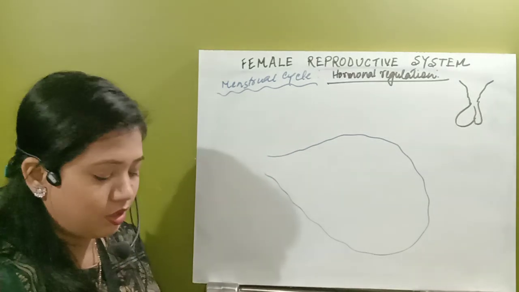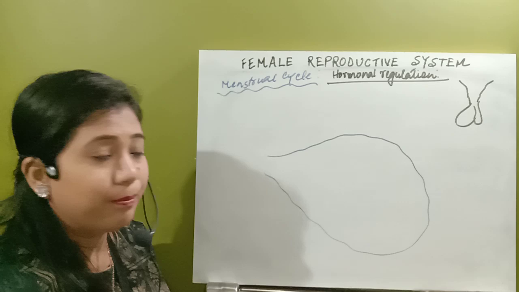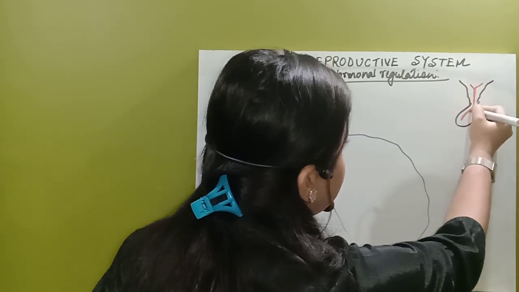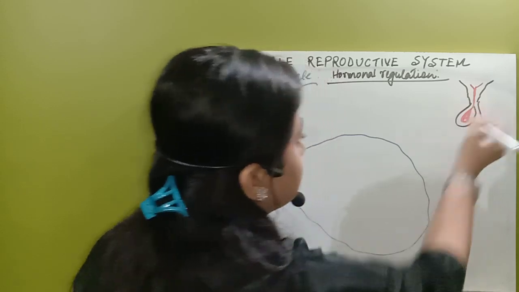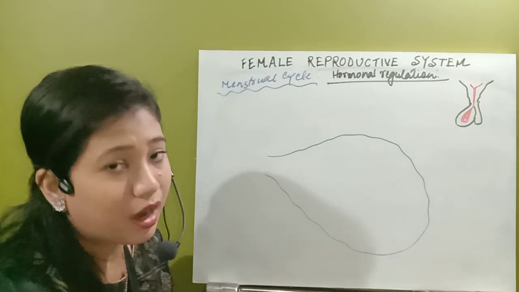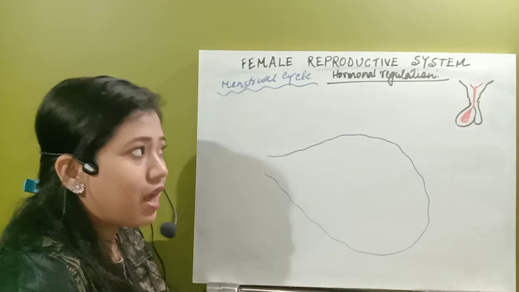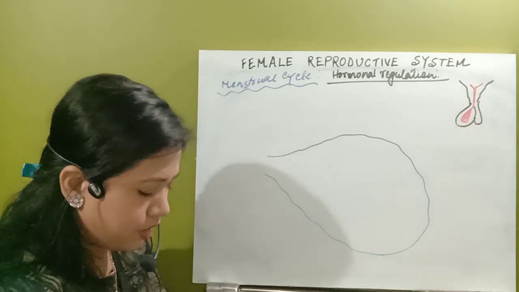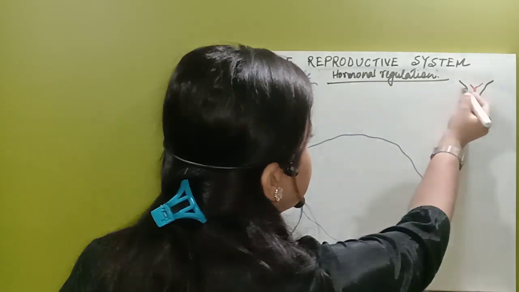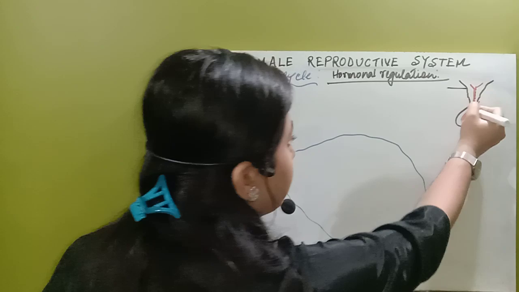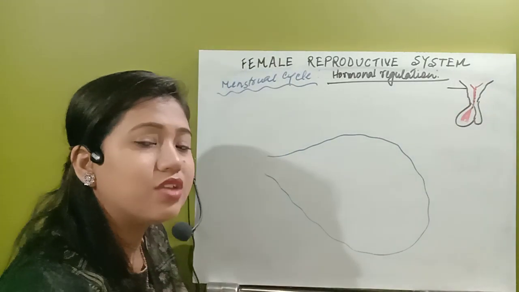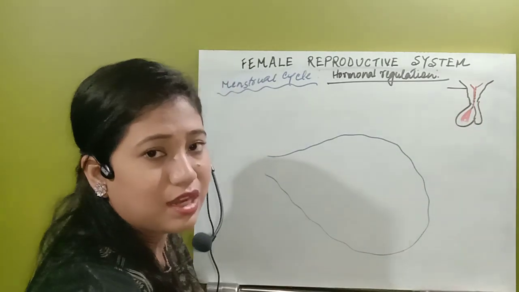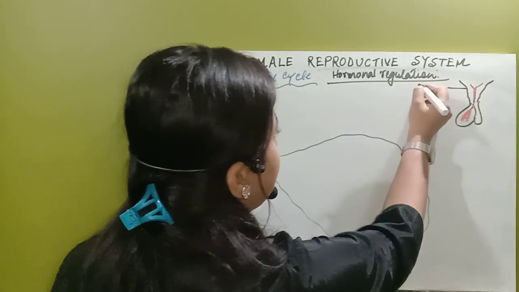The hypothalamus, by the hypophyseal portal system, stimulates the gonadotropin-releasing cells of the adenohypophysis or anterior pituitary. The hormone released to stimulate the anterior pituitary is GnRH.